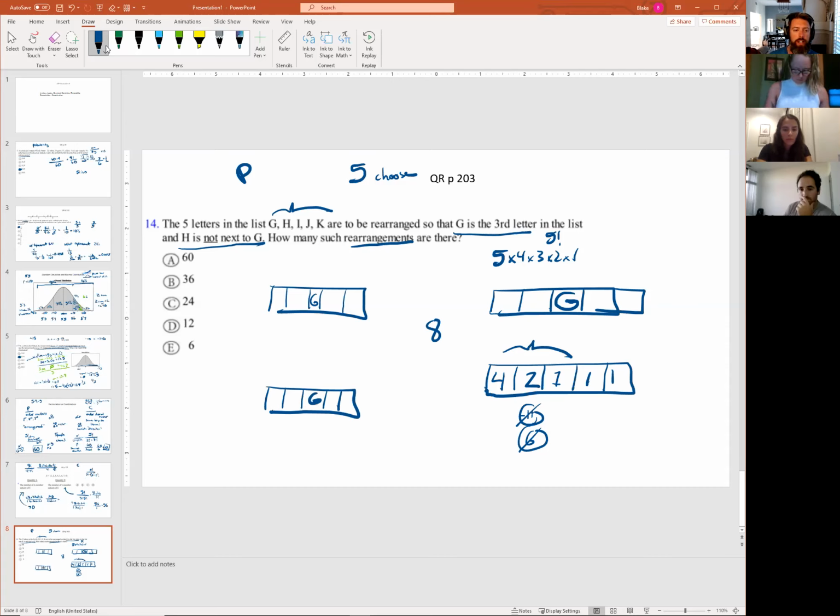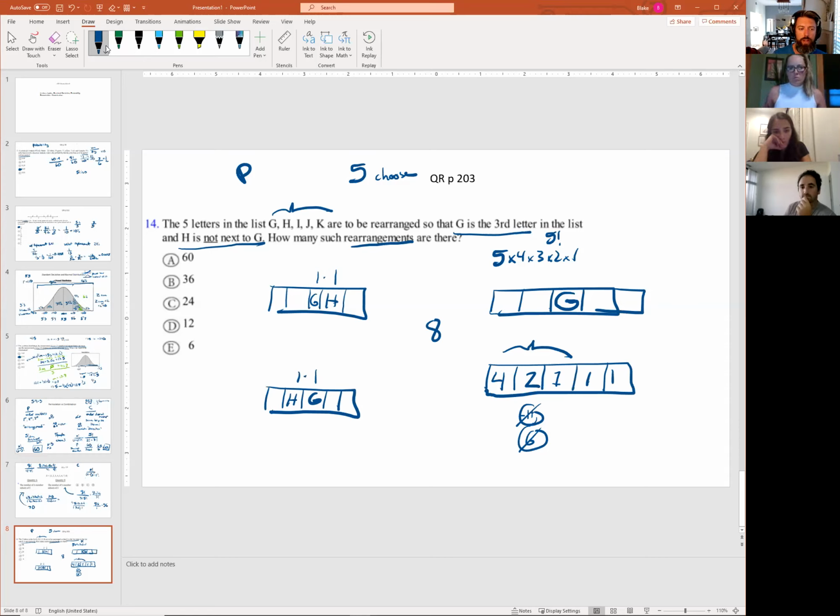And we're going to do the 2 possibilities with H. H is not next to G. So let's do H here and let's do H here. Okay, and so that's going to be 1 times 1 and 1 times 1 for these. So I think this will be an easier way to show you guys how to do it.